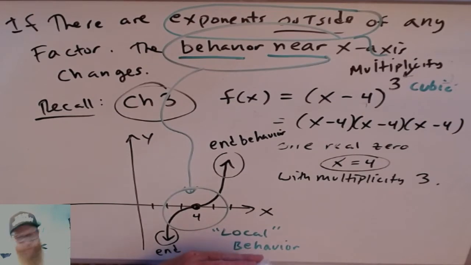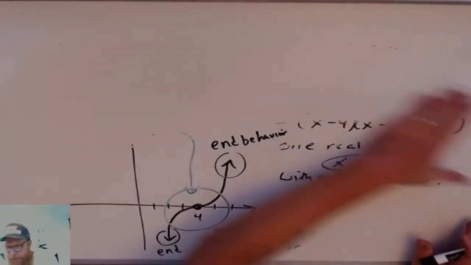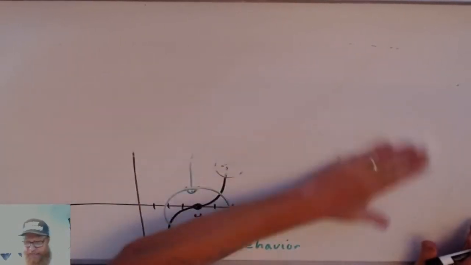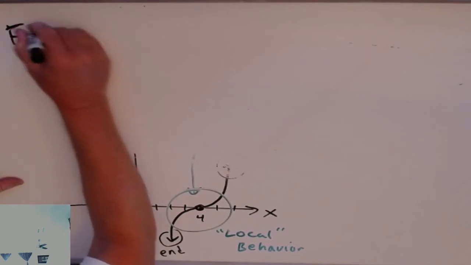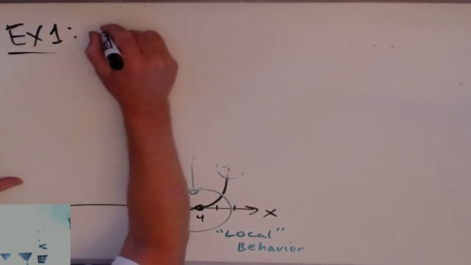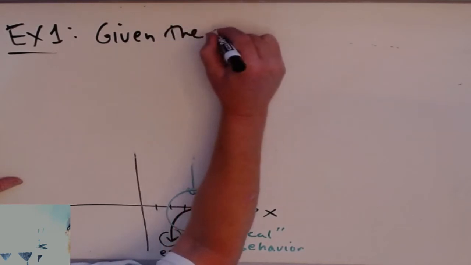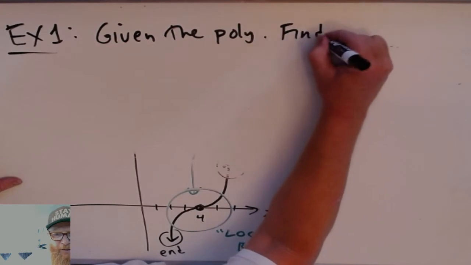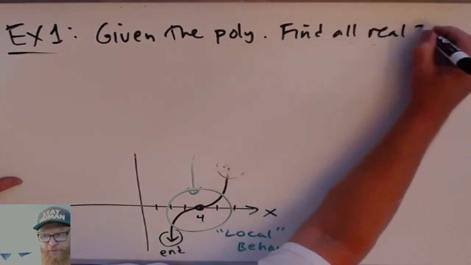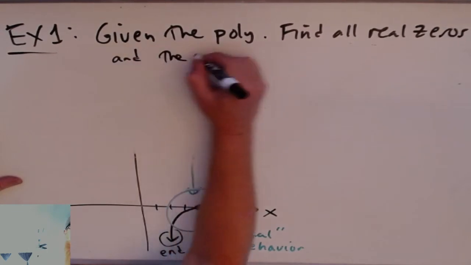Okay. All right, well, let's get on down the road here and check out what's going on. Let's do some examples. Let's start off with just some algebraic examples. Given the polynomial, find all real zeros and the multiplicity of each.